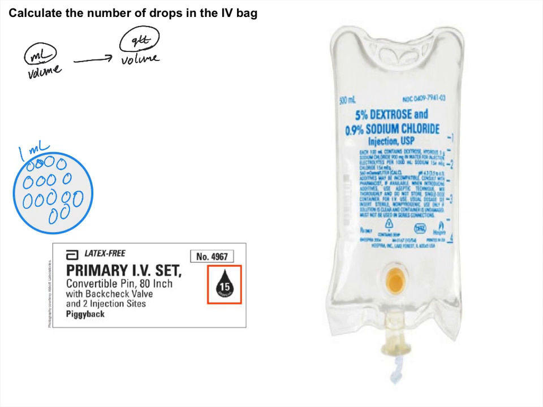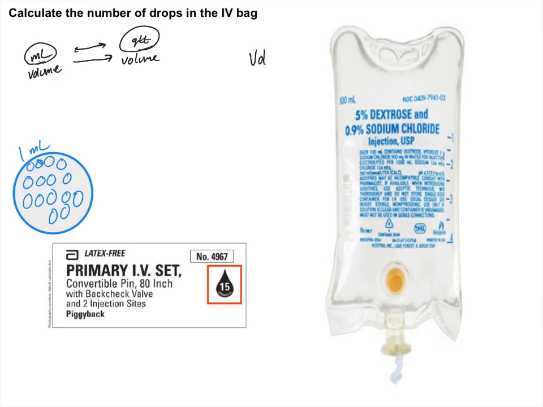So what is the relationship between the milliliters and drops? That has to be given to us and will depend on the size of the chamber and tubing that we're working with.